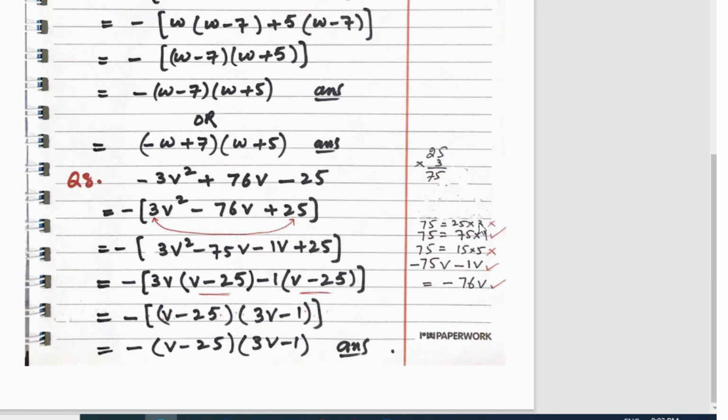And 25 plus 3 is 28. No pair is giving us 76. Only 75 into 1 is giving us 76 if we add 75 and 1, by writing down the variable of the middle term with it and by adjusting the sign wisely.